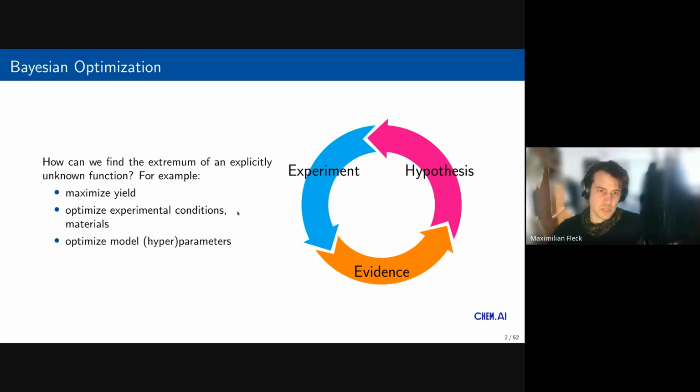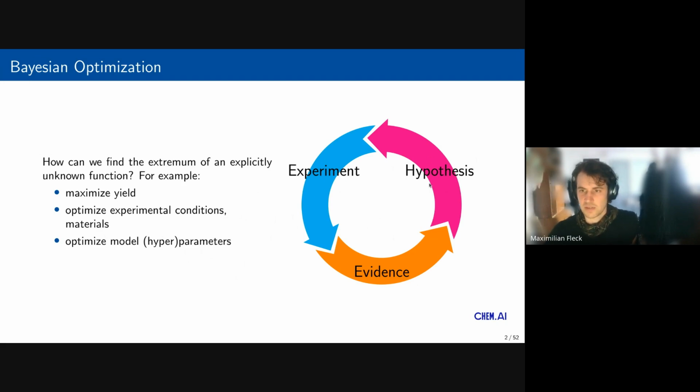To maximize this, we want to optimize the experimental conditions and materials, but we also need to optimize model hyperparameters, and I will cover this whole thing in the talk today. On the right, we see an illustration of Bayesian optimization. We have a hypothesis. This is usually our surrogate model, the data we already collected, plus our prior assumptions.